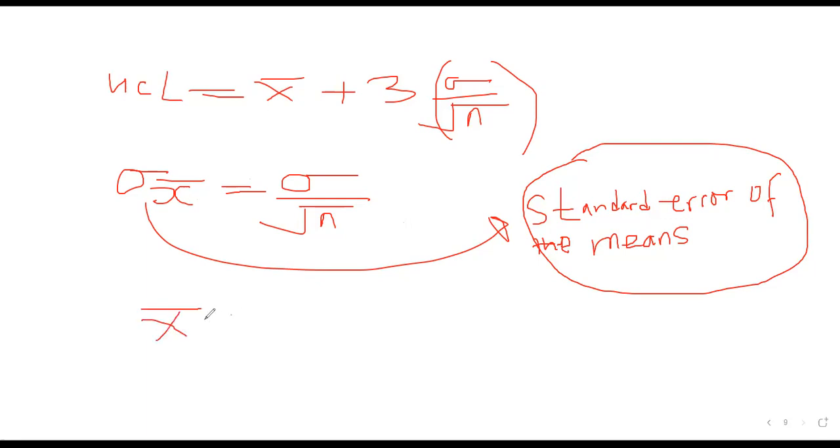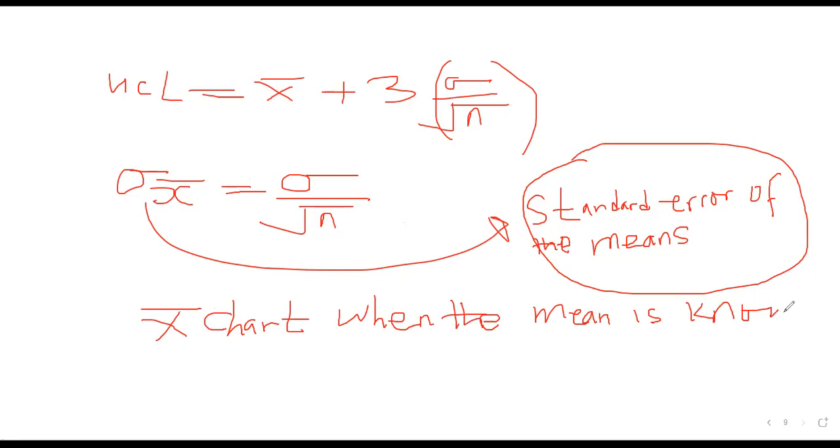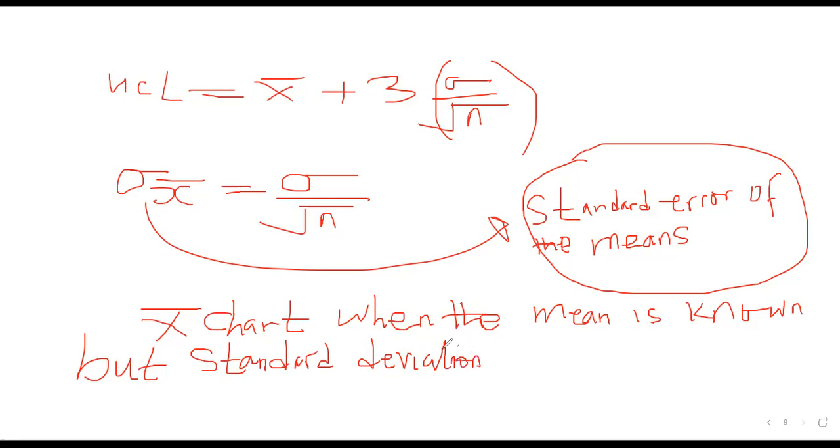X bar chart, when the mean is known but the standard deviation is not known. So what happens on this one?